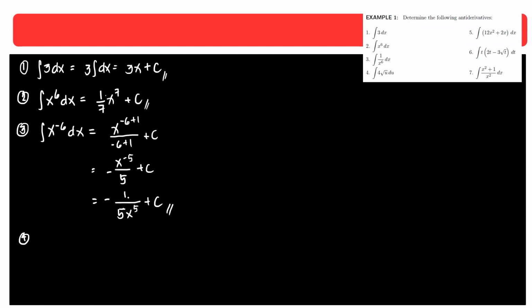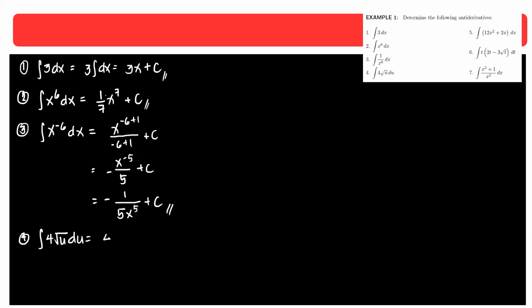Number 4. So guys, I would rather have the term or the variable underneath. I don't like to see negative exponents as a final answer. So in this case, number 4, integral of 4 square root of u du.